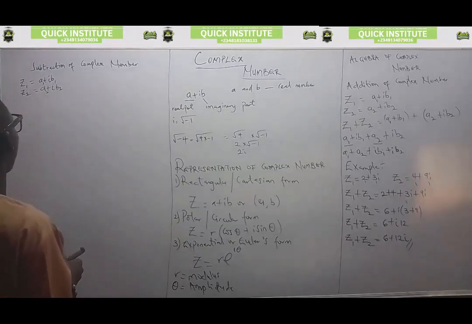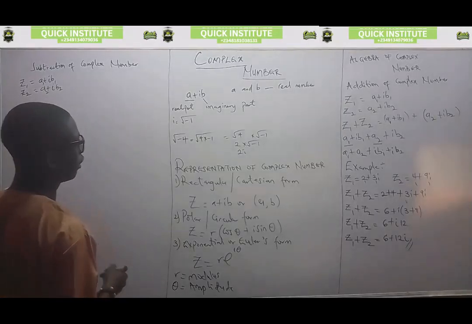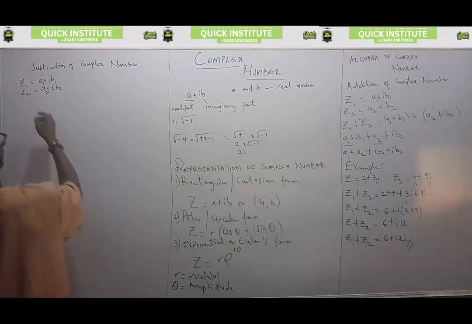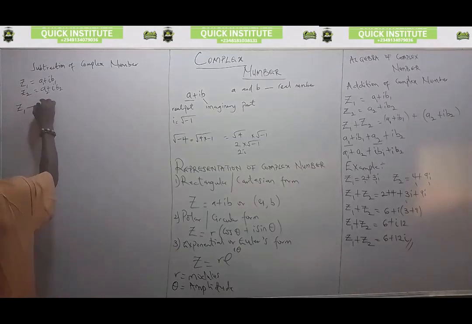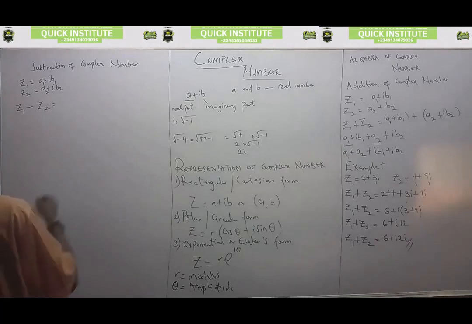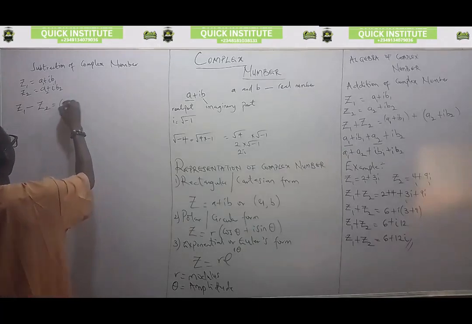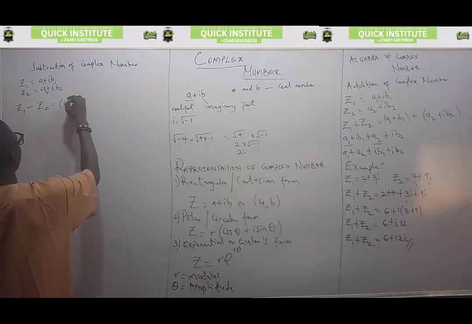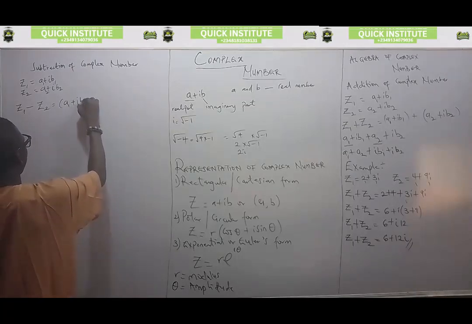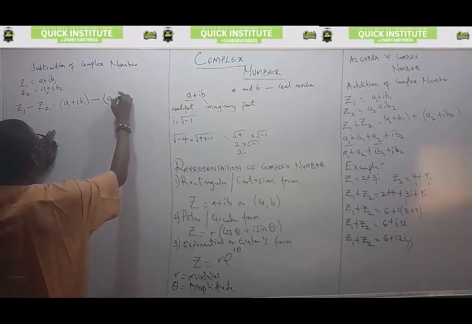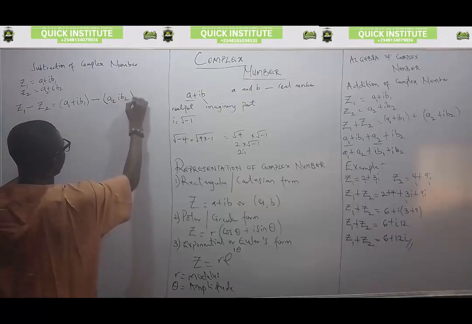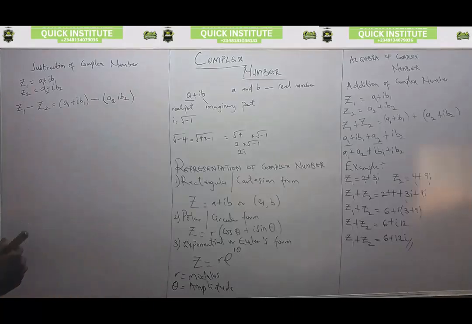So the formula for subtraction of complex numbers is z1 minus z2. From here, you have z1 to be a1 plus ib1, and minus a2 plus ib2. Let's expand the bracket.